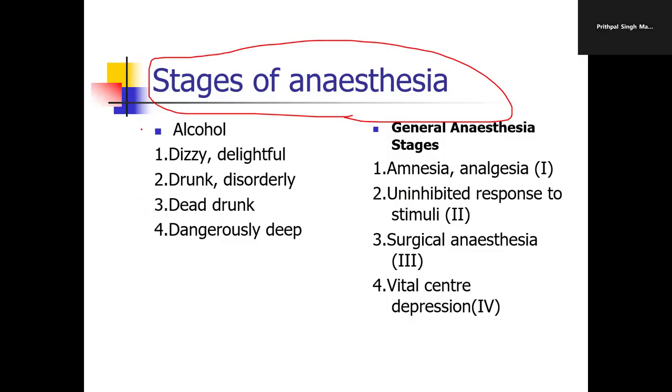Once a person starts consuming alcohol, initially he feels light, followed by drunkenness and disorderliness, then he gets drunk. Similarly, we can start at the first stage, where there is an uninhibited response, followed by surgical anesthesia.